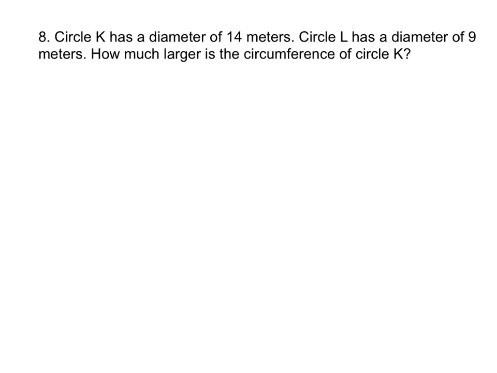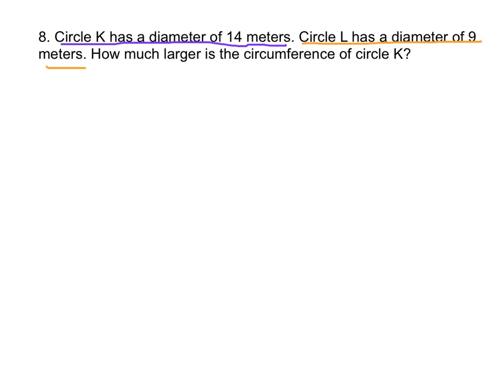Now solve number 8, the last problem for today. Always draw a picture to help represent the word problem. So this problem is talking about circle K has a diameter of 14, and I have another circle, circle L, who has a diameter of 9 meters.